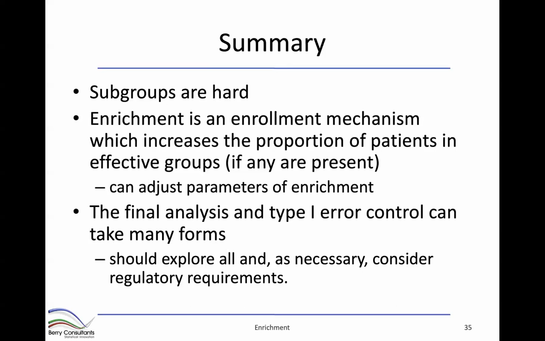So you should certainly explore these and, as necessary, consider regulatory requirements. Again, sometimes considerations are made in order to make sure that we get nice analytical type 1 error control, for example. So anyway, I hope that you enjoyed this and got some indication of how enrichment designs work and what their pros and cons are.